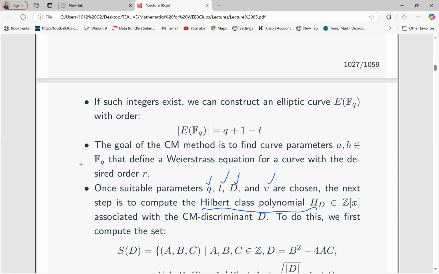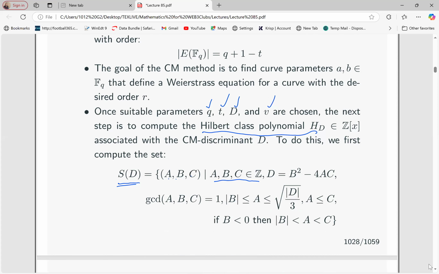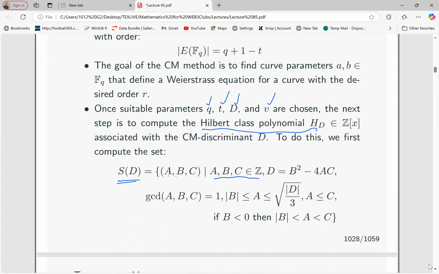set SD. You come up with a set SD, and this set should comprise elements A, B, C, such that A, B, C are integers, and these integers meet some conditions. This is a very important part. We'll be looking at this when doing examples. You're choosing these 3 integers, A, B, C, but you're not choosing them randomly.